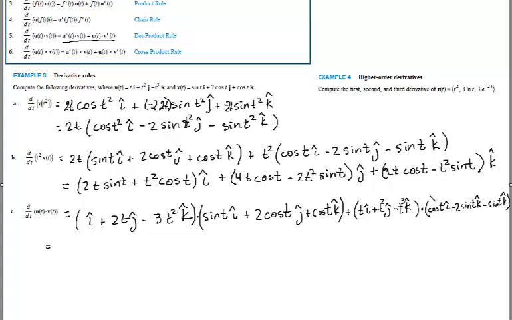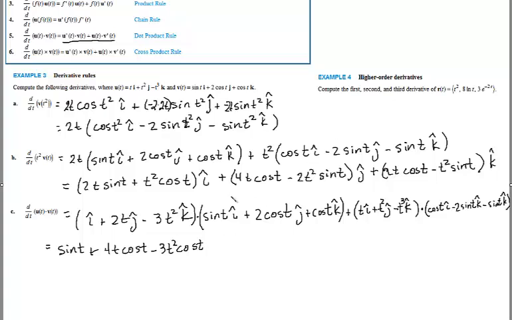Now I'm going to do the dot product for each of these, which is just for the first one, it's going to be the 1 times the sine t plus, and it's 2t times 2 cosine t, so that would be 4t cosine t minus 3t squared times the cosine, so minus 3t squared cosine t.